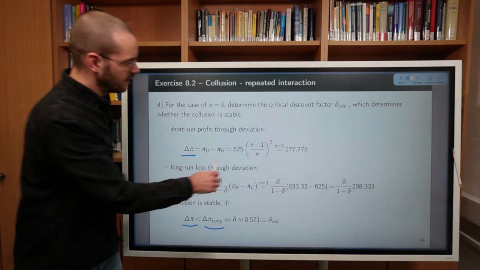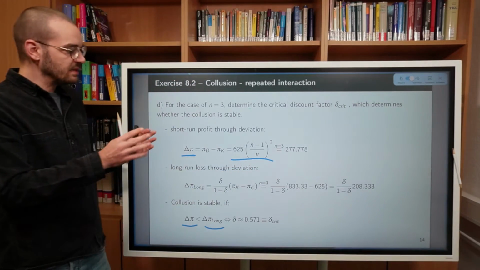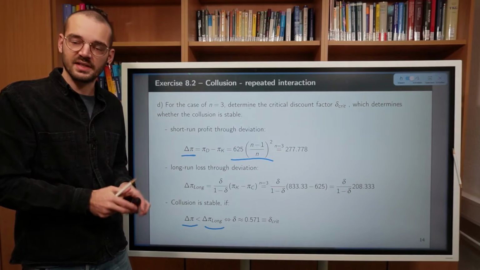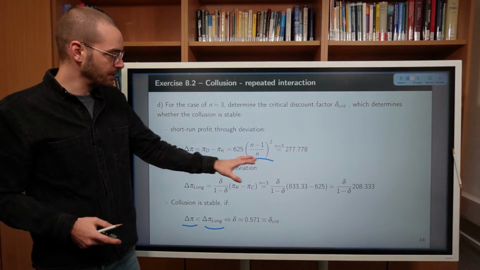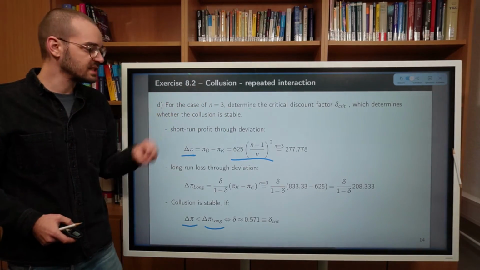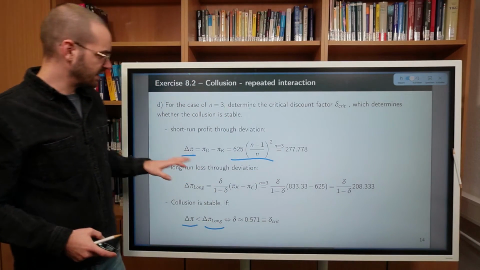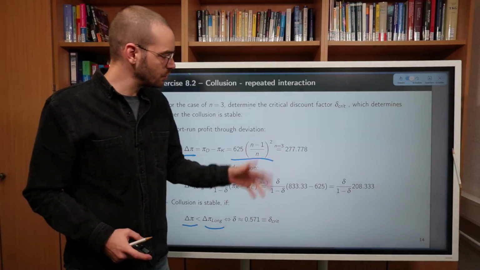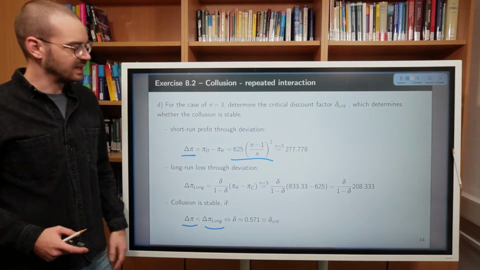If we plug in the numbers, and we even calculated the incentive to deviate in one of the previous tasks, of course, and we now plug in the number of firms n equal 3 that was given in this task, we find out that this short-run incentive to deviate takes a value of 277.778.